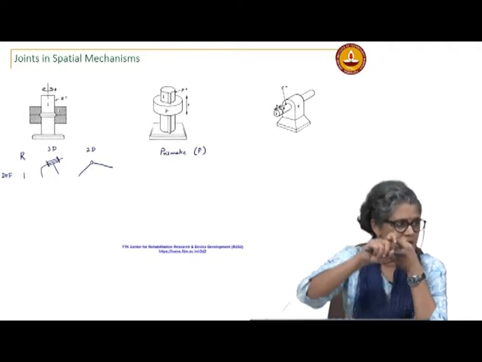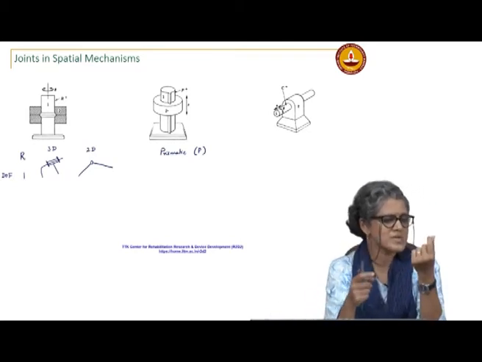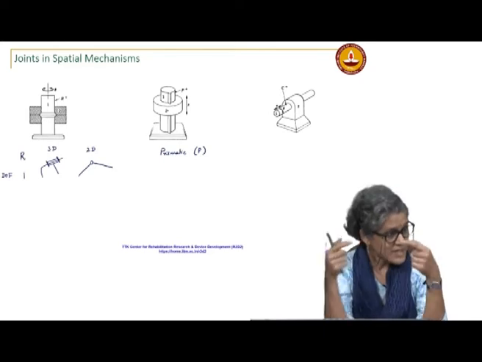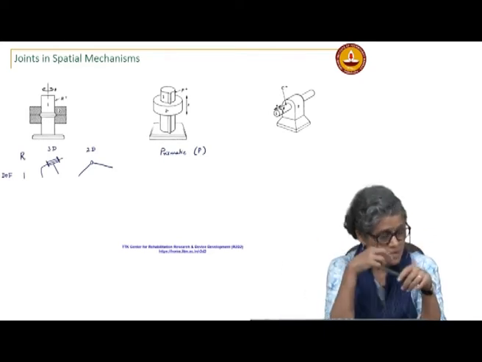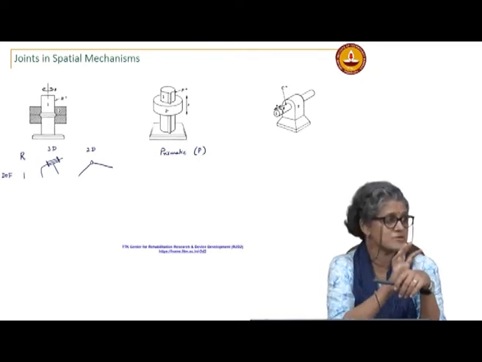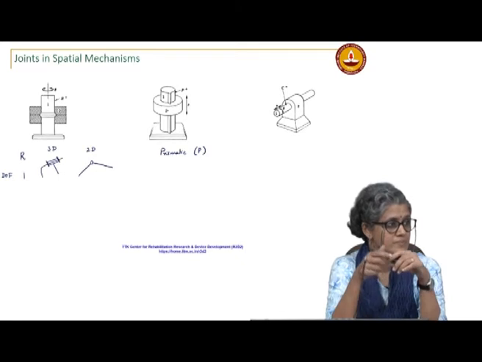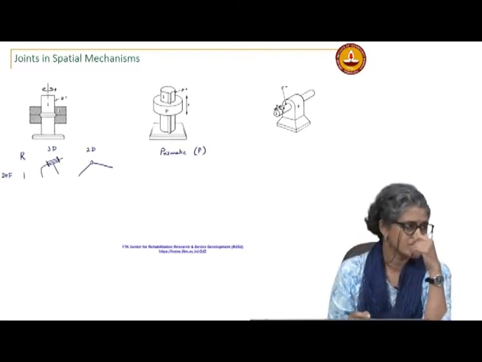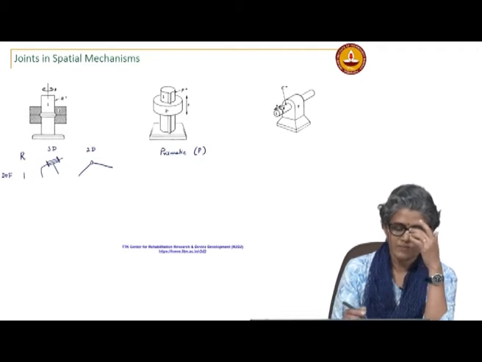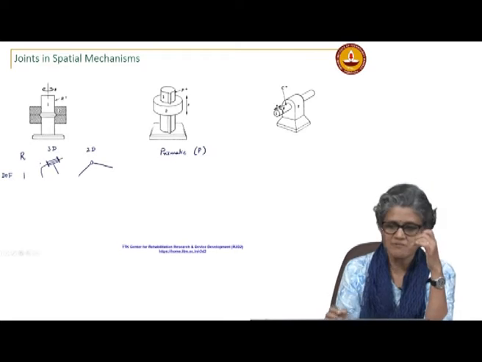I can have something pointing in some other direction, that will be the axis of rotation of the joint, but the only motion that is allowed is rotation about that axis. So, if I want to represent the two-dimensional hinge in 3D, I use the same symbol. So, this is the general representation of a revolute joint.